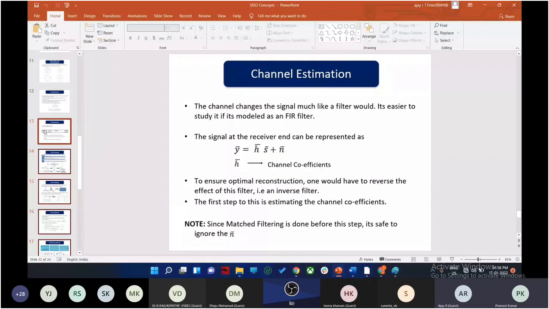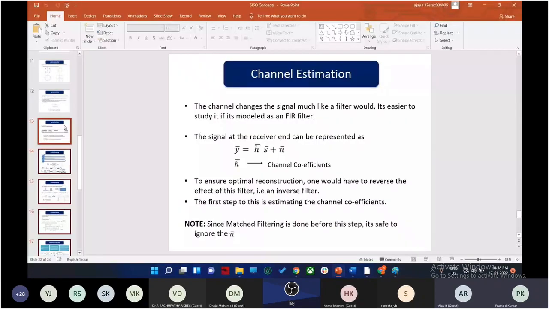Okay. Is my slide visible? Yes, sir. Okay. It's not moving.